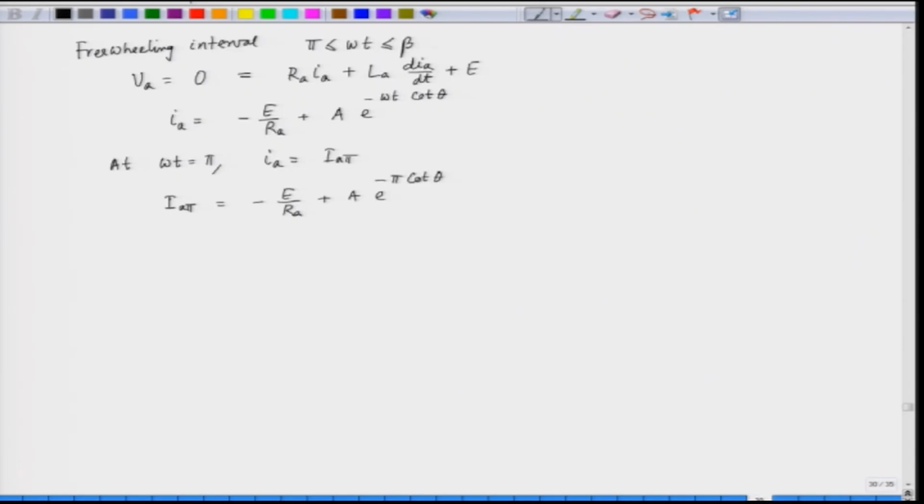So, we can evaluate the value of A here. The value of A is I_A(pi) plus E by R_A, times exponential of pi cot theta.